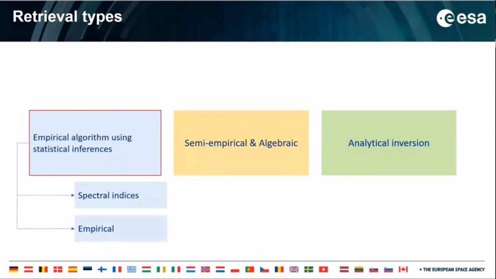So how do we derive water quality indicators or pollution indicators from satellite images? Basically, there are 3 families. Today, we will look only at the empirical algorithms, but there is also something we call semi-empirical and algebraic, and there is a fully analytical inversion. The empirical algorithm is basically you take what the satellite has observed, and you have some sets of in situ measurements, and you try to find the relation between satellite observation and in situ measurements.